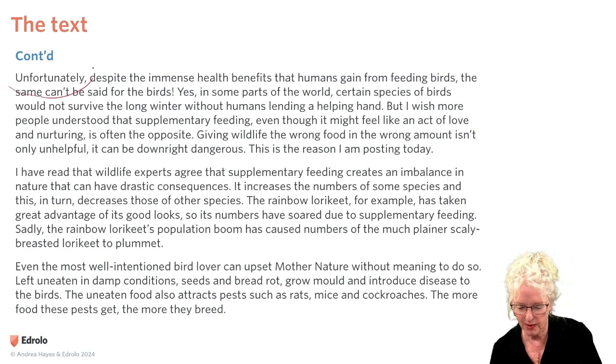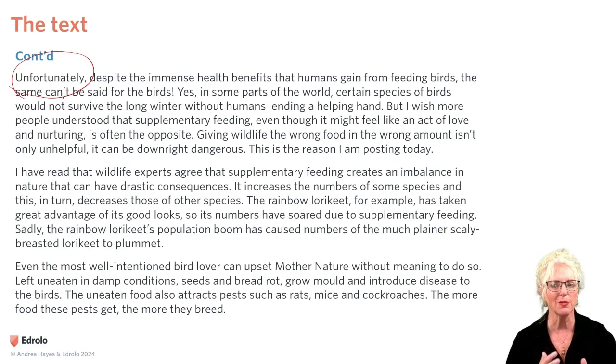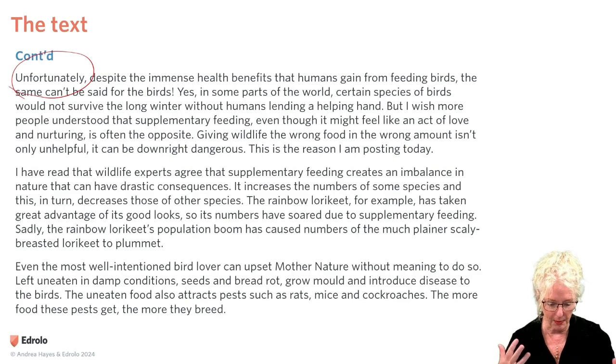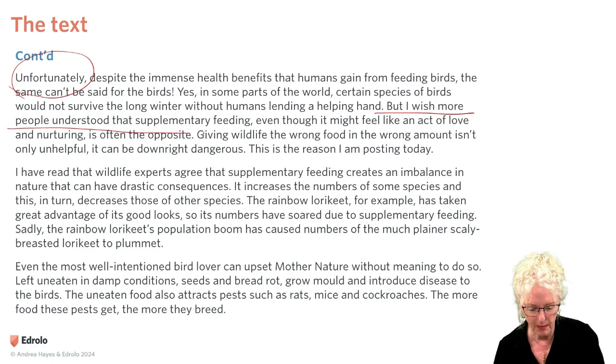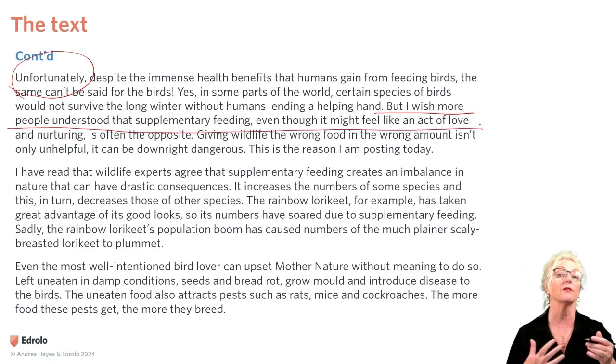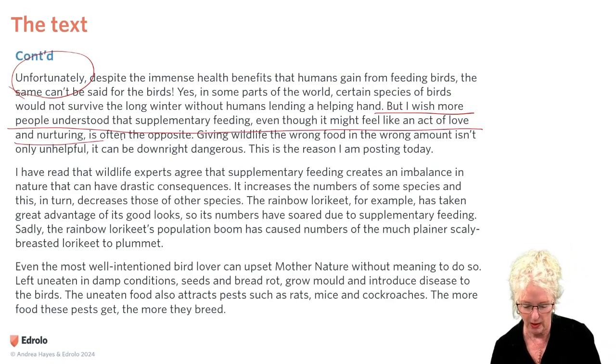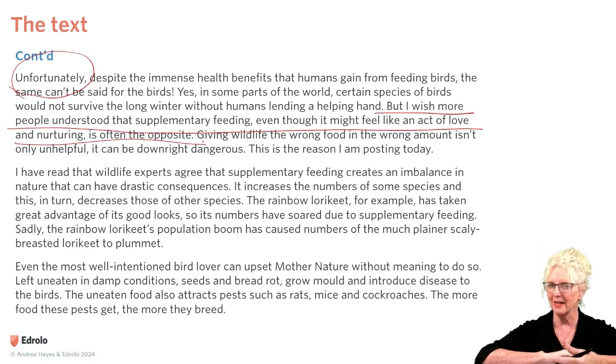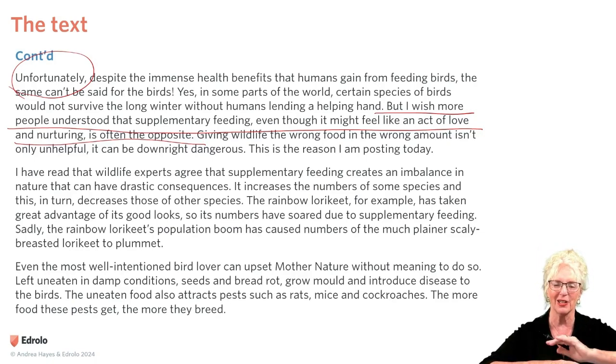"Unfortunately," a word that signals some changes. "Unfortunately, despite the immense health benefits that humans gain from feeding birds, the same cannot be said for the birds." So you could say this is a tonal shift here as well. "Yes, in some parts, but I wish more people understood that supplementary feeding, even though it's an act of love, is just the opposite." So it's this alternating style that she's using.